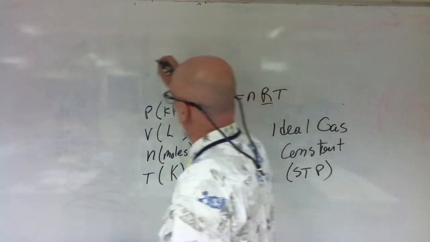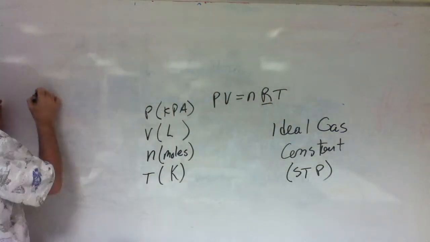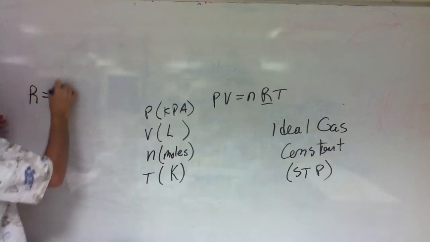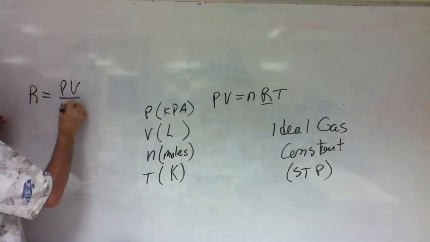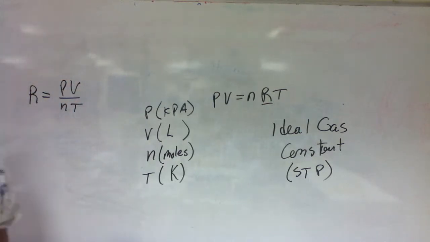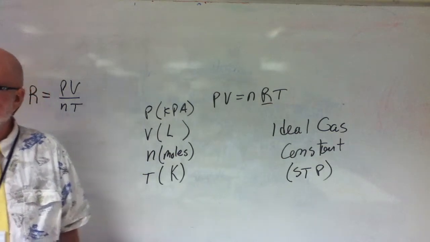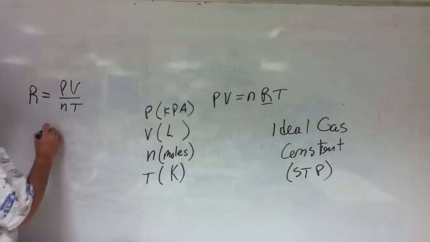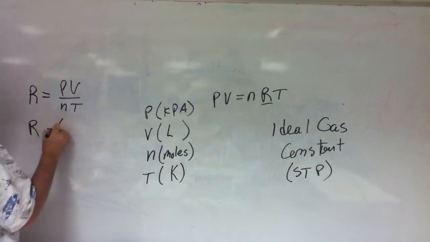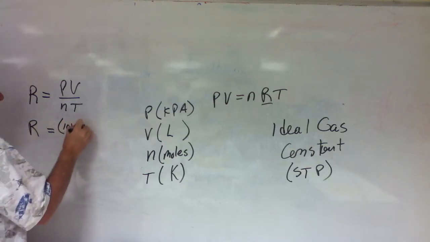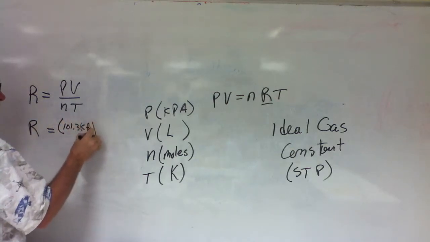R, can you see over here? Is this all right? Yes. R is PV over NT. Correct? So what is STP? What is pressure at STP? 101.3 kilopascals, correct?